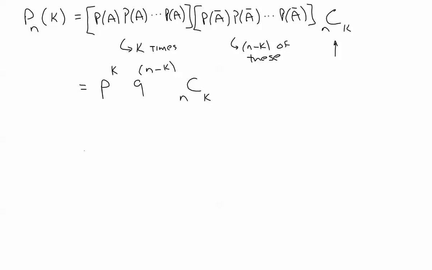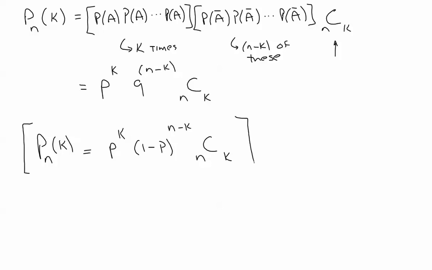All right. One more step. I prefer to typically write it this way: p raised to the k power, 1 minus p raised to the n minus k power times the number of combinations of n things taking k at a time. That is the probability that in N trials, event A occurs k times.